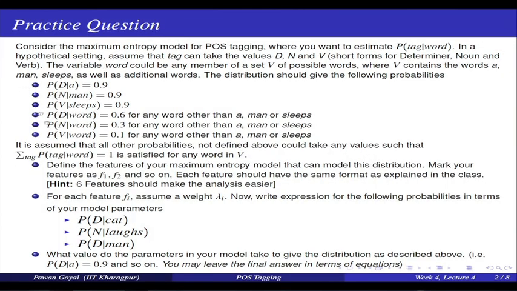Now, the constraint given is as follows. The distribution that you will find, probability of tag given word, should give the following probabilities. Probability of determiner given the word a is 0.9, probability of noun given the word man is 0.9, tag v given sleeps is 0.9, d given any word other than a, man, and sleeps in the vocabulary is 0.6, and the same for the other two constraints that are given here.